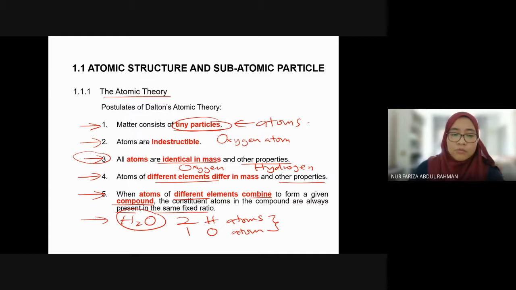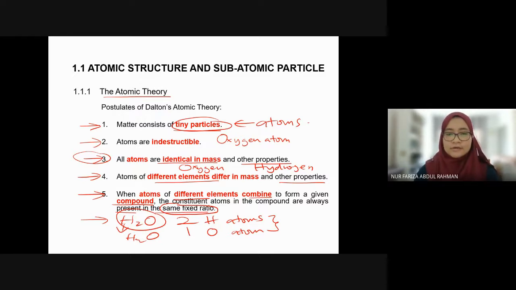For a water molecule, the chemical formula will always be two hydrogen and one oxygen. That is what is meant by the same fixed ratio.